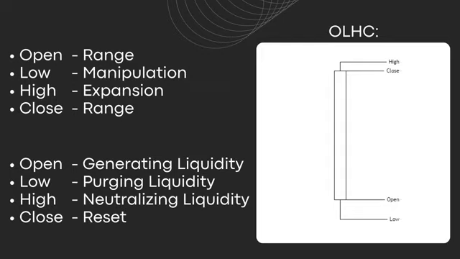And with that, it's going to do two things. First of all, during the manipulation profile, it's going to test a higher time frame key level, and second, it's going to rebalance a dealing range, right, or an expansion swing on a higher time frame, right? These are the two things that it will do after liquidity is generated and then it's purged, right? Whenever we have a manipulation profile, that manipulation profile does two things.